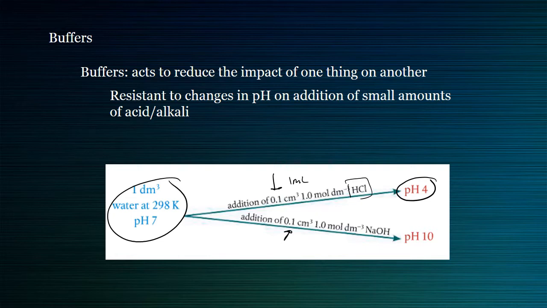Vice versa, if we add 1 milliliter of a 1 molar solution of a base, it's going to increase it to a pH of 10. That is a huge swing in pH by adding 1 milliliter of a strong acid or base. And so there are buffering systems put into place to help protect living systems from any additional acid or base.